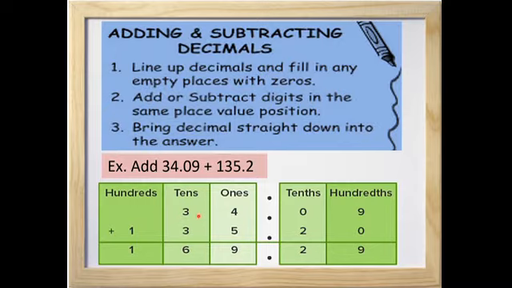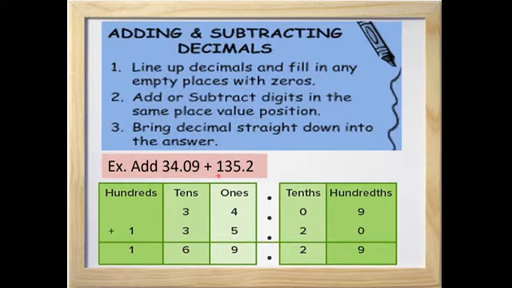So let us write the number digits according to the places here. So 34 we'll write it. So 3 will come under the tens place, 4 will be under the ones place, and 0 will be in the tenths place, and 9 will be in the hundredths place. Now let us write 135.2 in the place value.